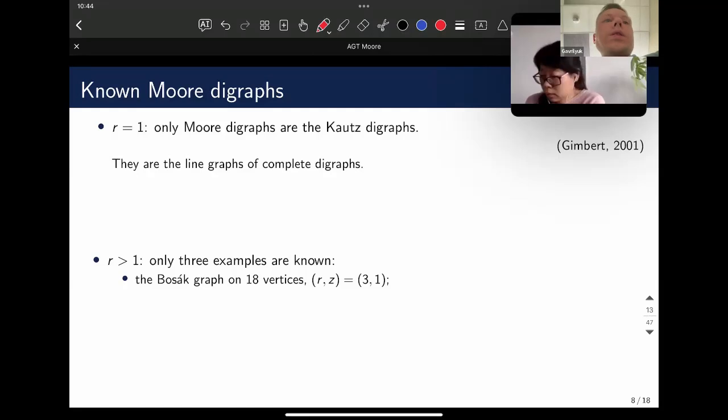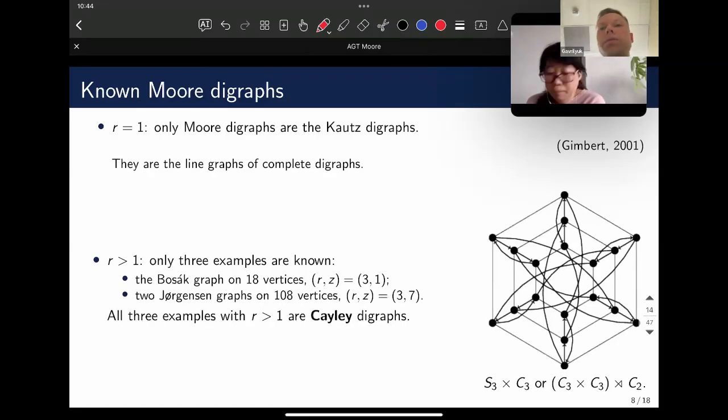The first one is the Bosák graph on 18 vertices with degrees 3 and 1. This graph is shown on the right of this slide. And 2 Jørgensen graphs on 108 vertices with degrees 3 and 7. And these 3 examples with r greater than 1 are Cayley digraphs.